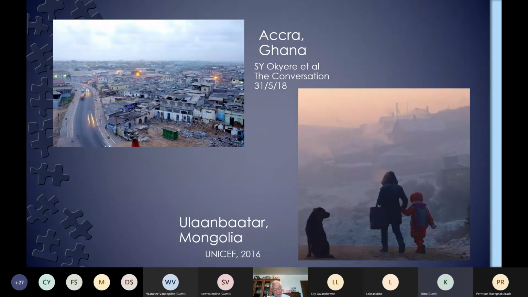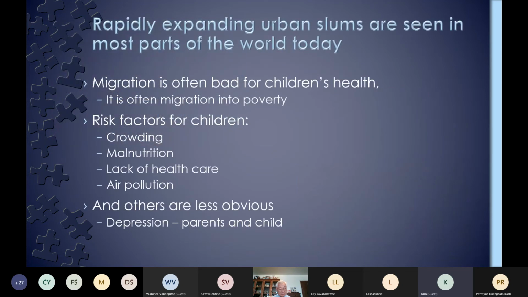Accra is a city that I was in just at the beginning of the pandemic, actually. And Ghana is one of the better organized countries in Africa. But even in Accra, you find an extraordinary urban slum, which has increased enormously in recent years, largely because of the increasing difficulty living in the remote areas because of climate change. So all these things are going on in the background, and this migration of people from the rural areas into the city is fundamentally bad for children's health.